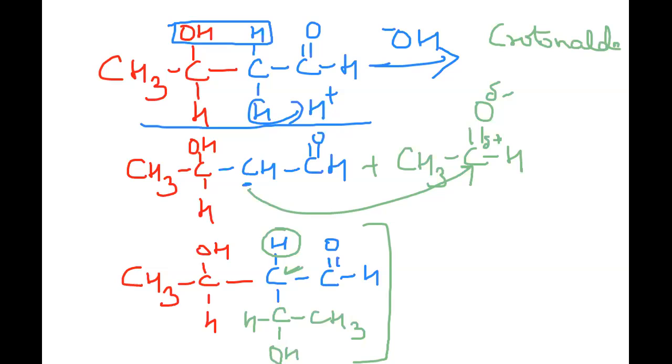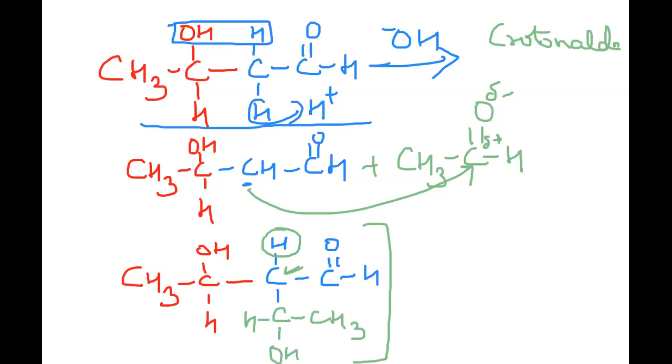Now remember, another important thing is that this repeated aldol condensation is usually seen in the presence of a strong alkali, and the dehydration, when it occurs, results in the formation of resins.